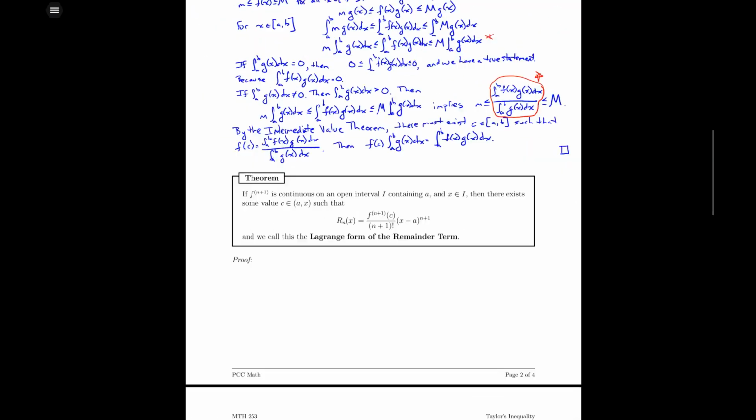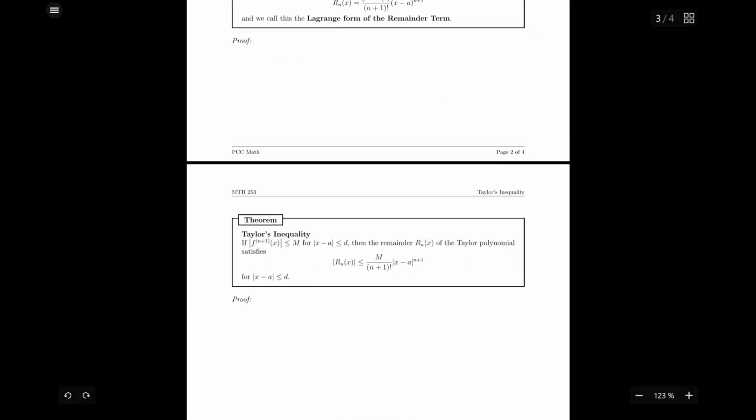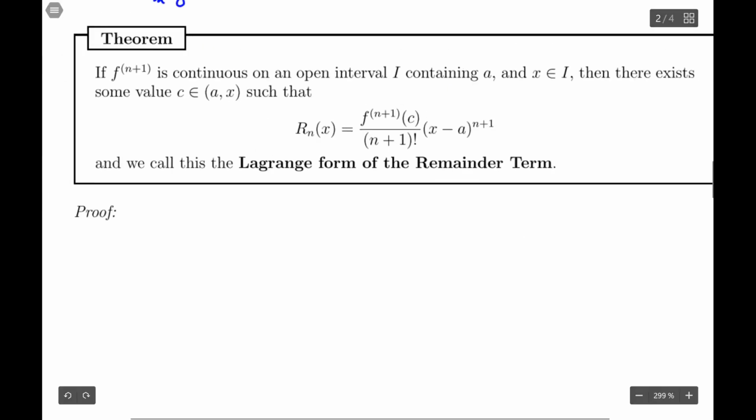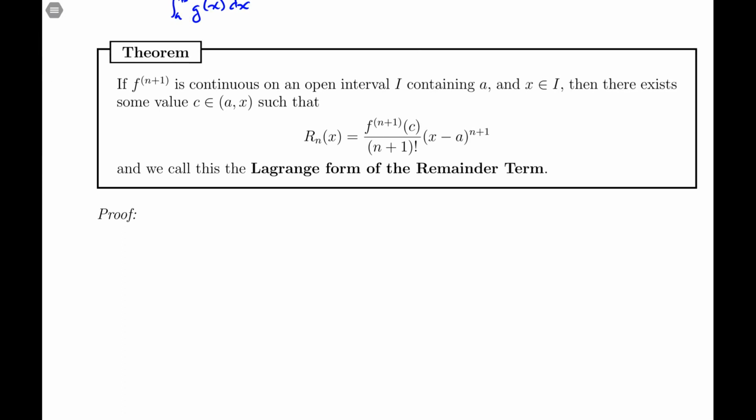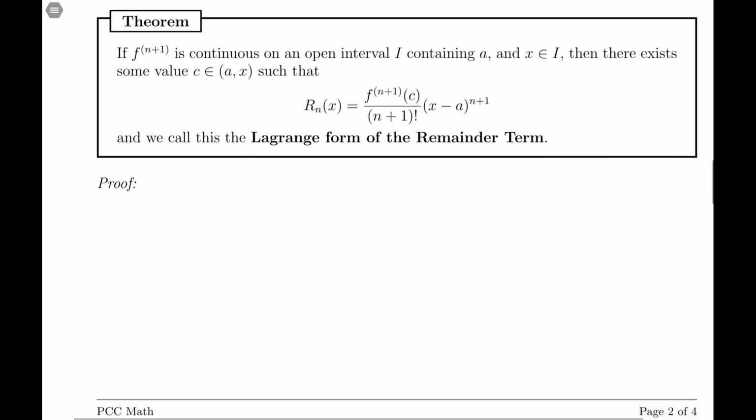In order to get to Taylor's inequality, if we look forward, here's Taylor's inequality, we do have to establish the Lagrange form of the remainder term. Here's one more theorem that we're going to introduce, and we're going to kind of pseudo-prove. I say pseudo-prove because there is going to be one step in the proof of this theorem that we won't necessarily be able to prove.